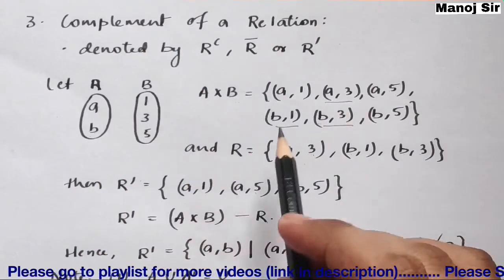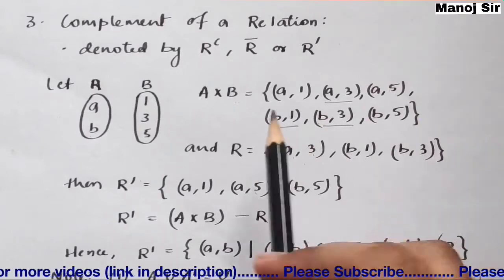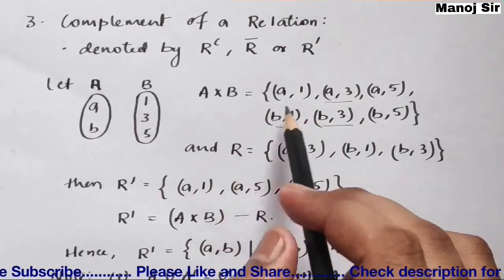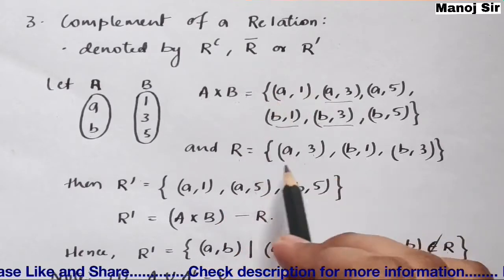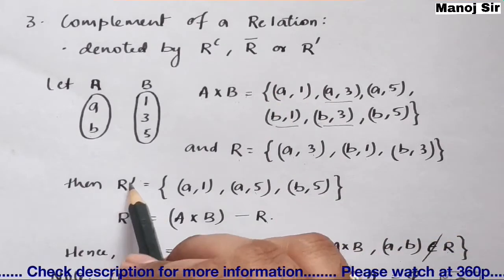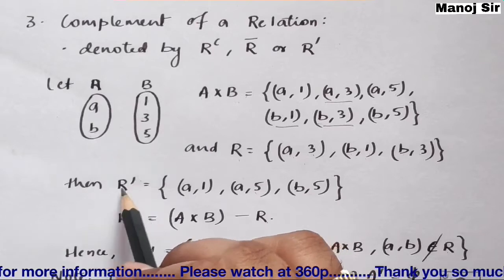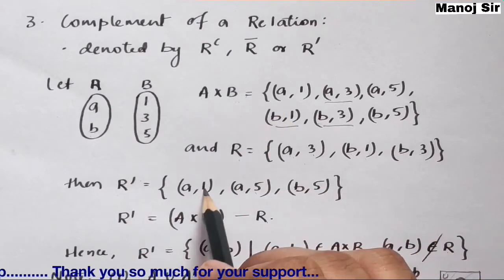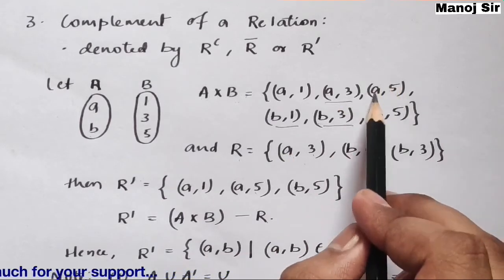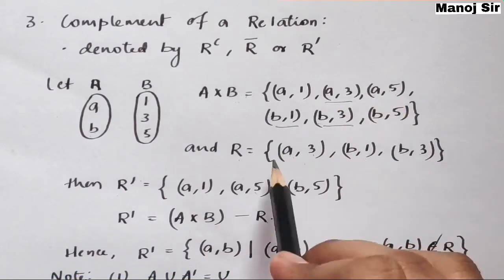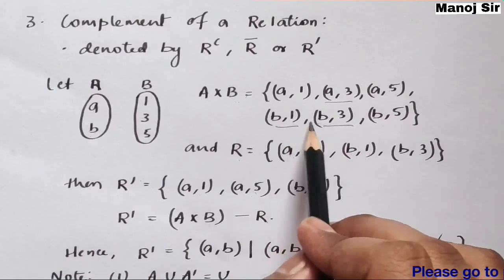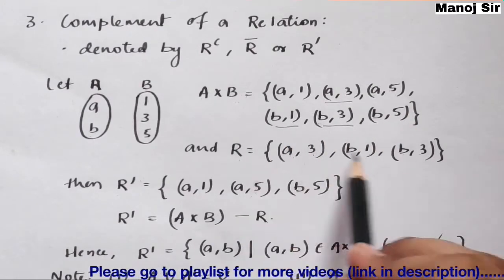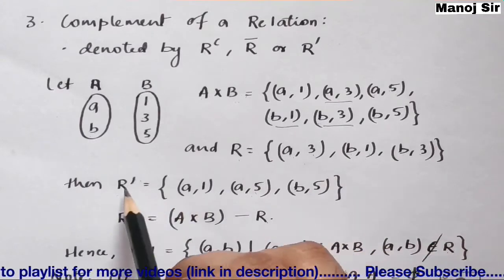So we need to take those elements which are present in A cross B but not present in R, like (a,1). This is not present in the relation R. So in R dash, that is the complement of R, the first element is (a,1). Now the second element, (a,5), is not present in R, so this is (a,5). Again, (b,5) is not present in R, so we need to write this in R dash.